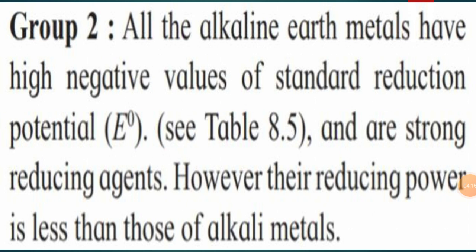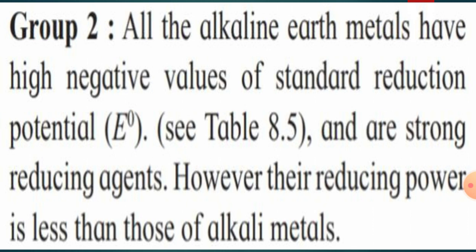Here the group 2 elements are the alkaline earth metals. They have a high negative value of standard reduction potential. As they have a high negative standard electrode potential, this value has been given in table 8.5. In a previous lecture we studied tables 8.4 and 8.5.